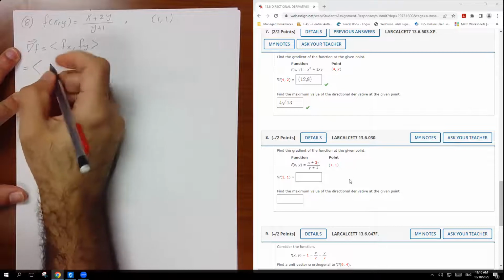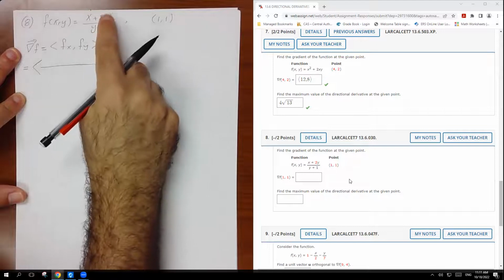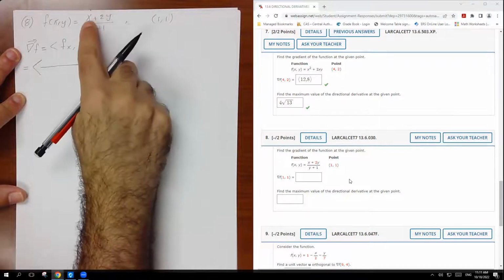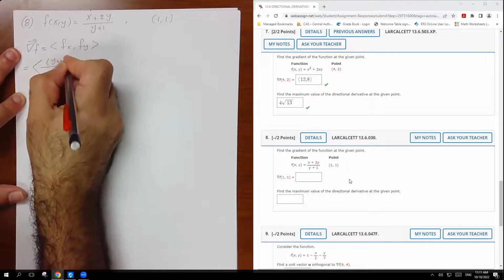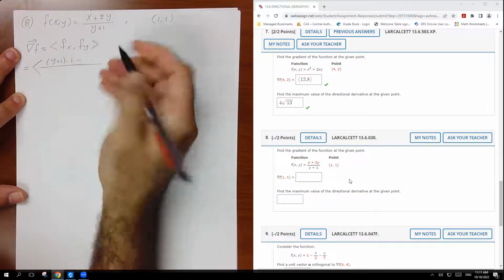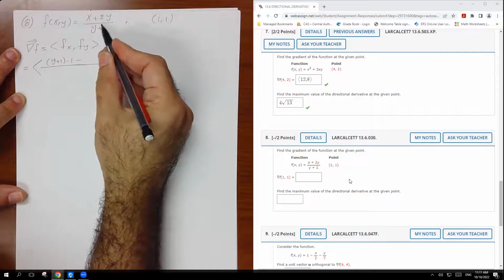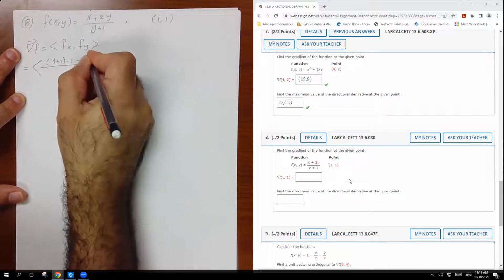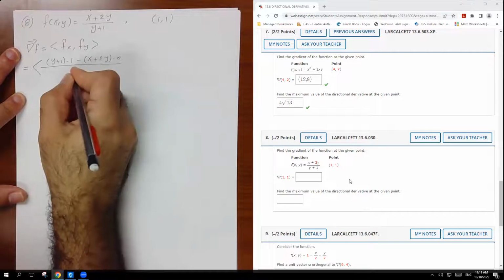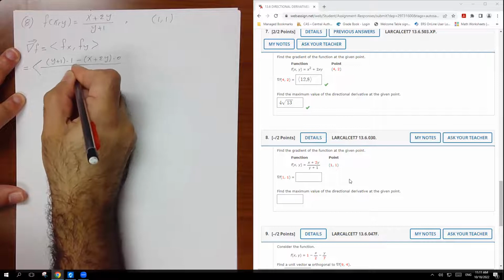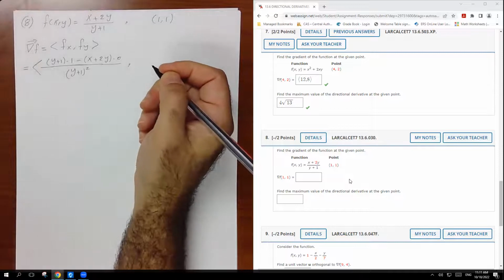So it's going to be the bottom part times the derivative of the top part, which with respect to x is going to be 1. So it's going to be y plus 1 times 1 minus the top part times the derivative of x from the bottom part, which is 0, over y plus 1 squared. This is for the first part with respect to x.